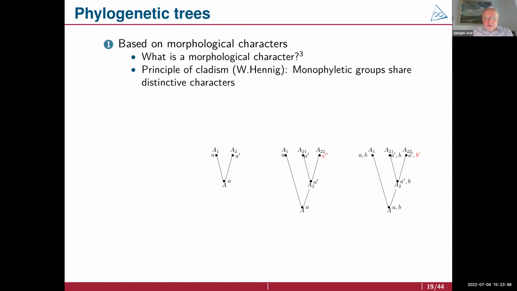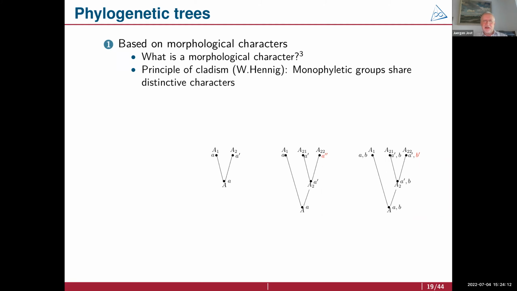Now, how can you reconstruct a phylogenetic tree? So originally, one had the extant species, one could look at them, one could look at their so-called morphological characters, how many fingers they have, what the shape of the feet is, what the shape of particular bones is, and so on.